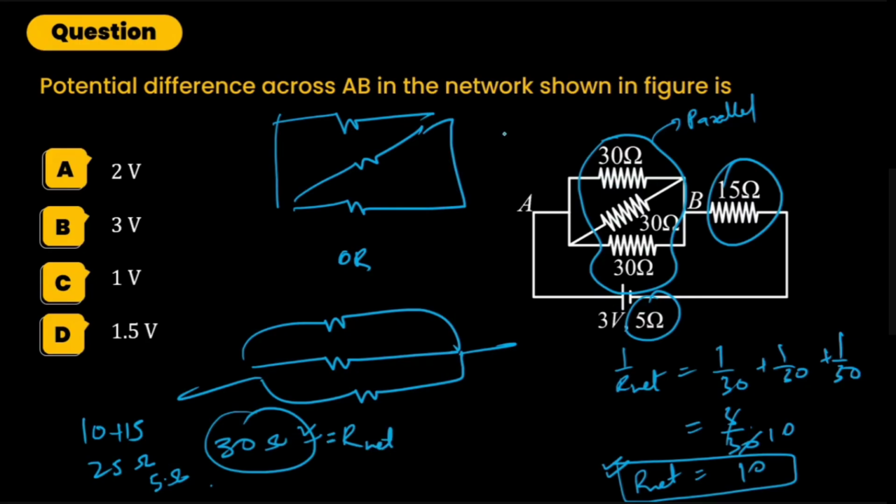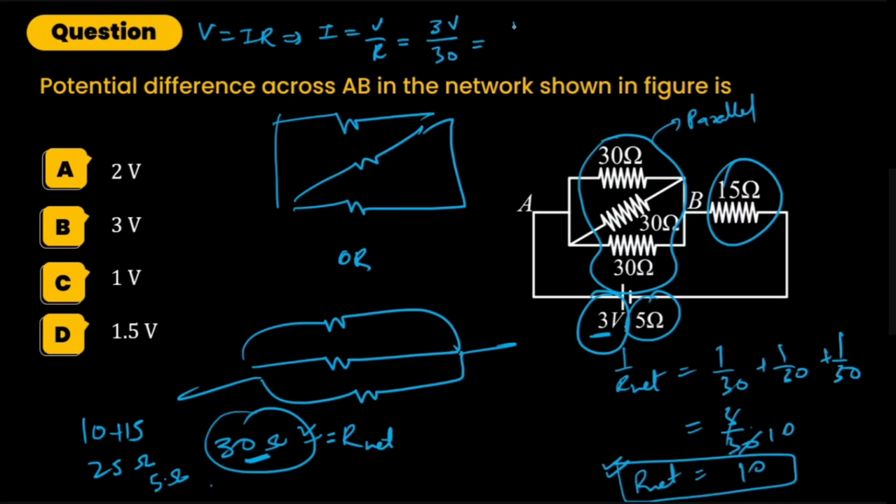Now we have to find the potential drop. For that, we have to find the current. Current is found by Ohm's law. Ohm's law says V is nothing but IR, so I is going to be V by R. Potential is 3 volt, and the net resistance we found as 30 ohm.